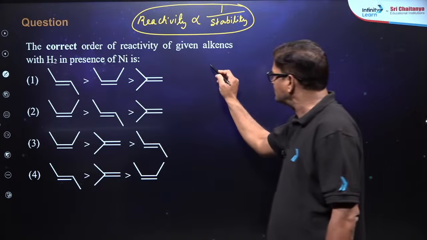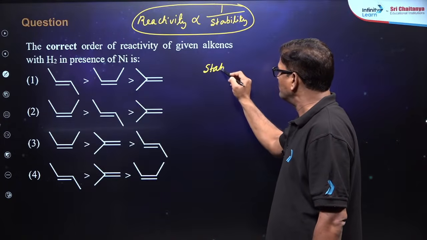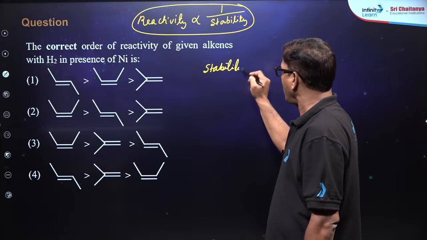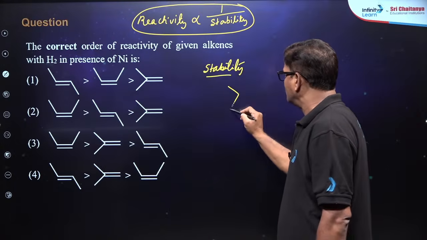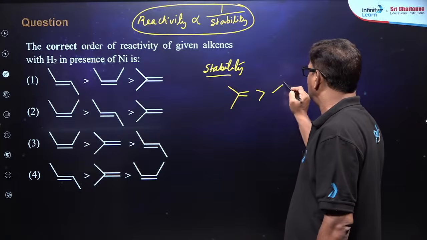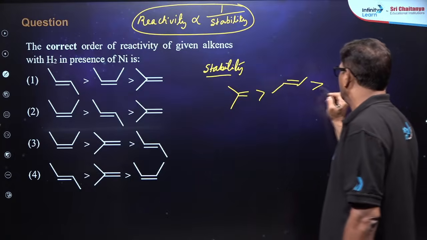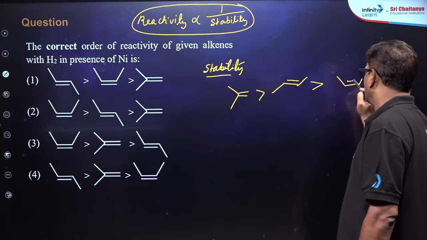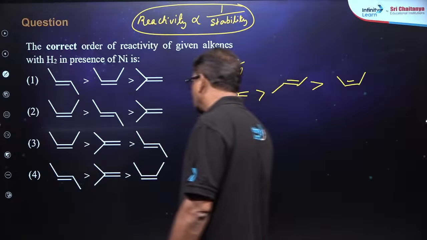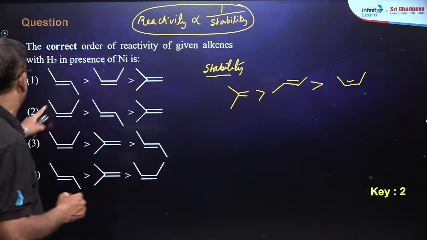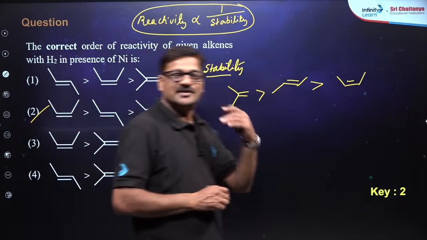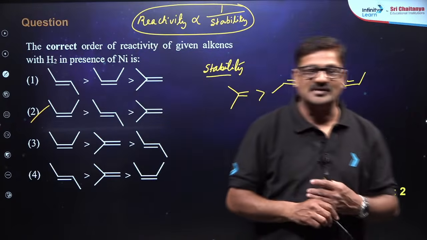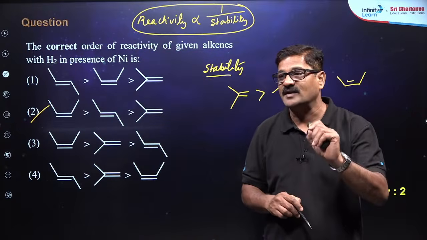Let me talk about the stability. Isobutylene is more stable than trans-butadiene, which is more stable than cis-butadiene. And the reactivity will be reverse. So cis-butadiene is more reactive than trans-butadiene and least reactive is going to be isobutylene.